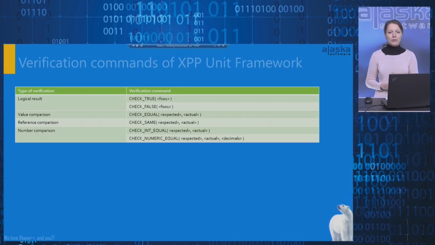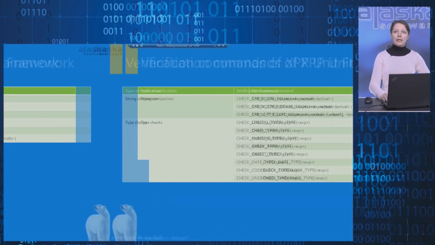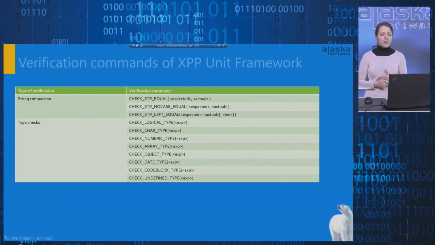And the last group in this slide is number comparison. And the first command is check integer equal. It checks that two integer values are equal. And the last one is check numeric equal. It's the same, but two numeric values are equal or not.